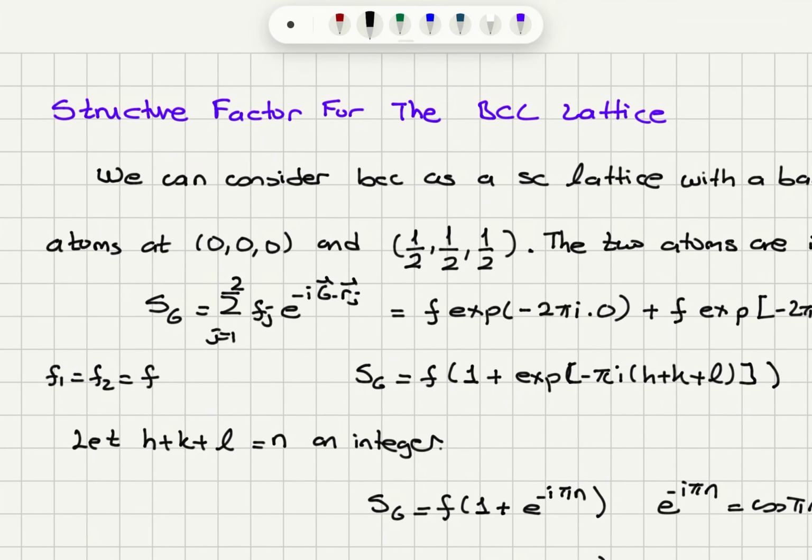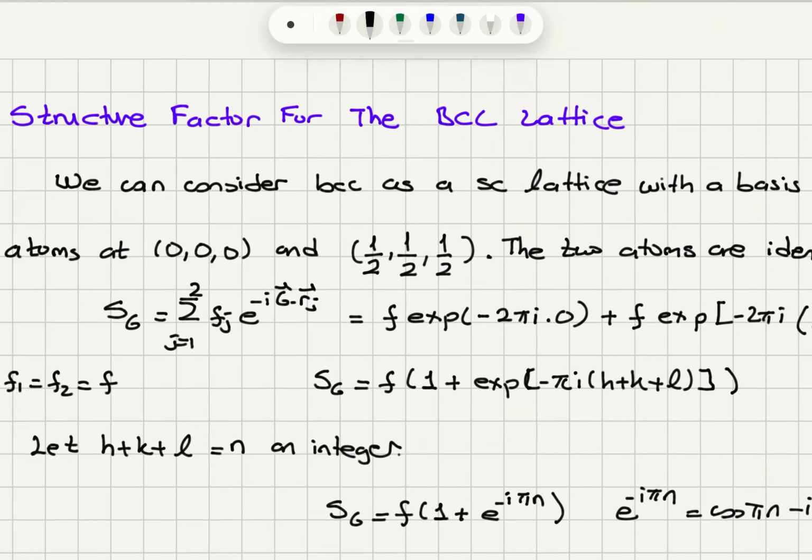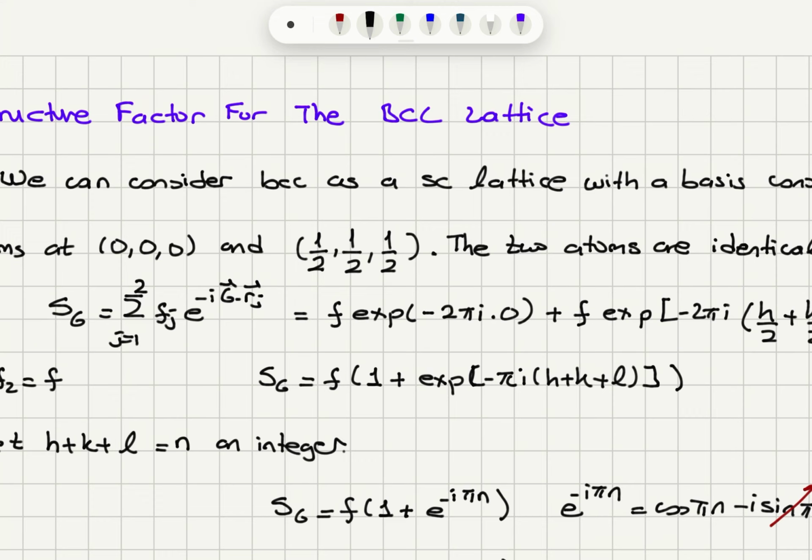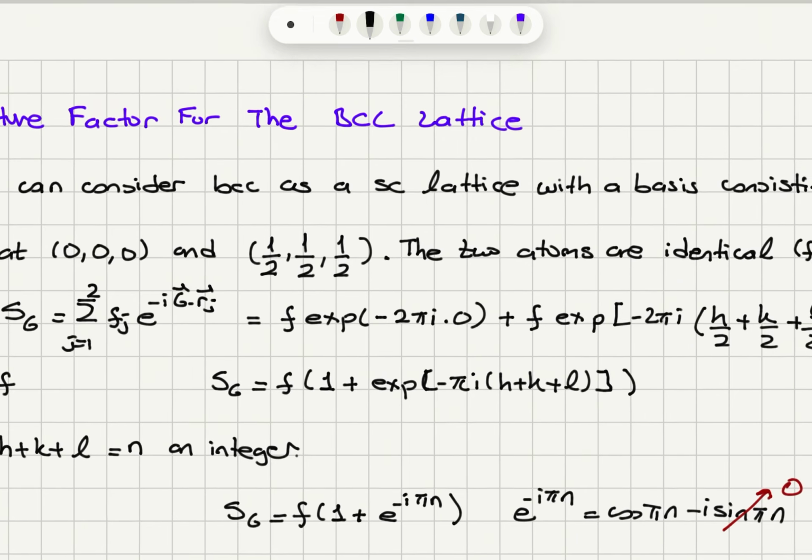So I write the geometrical structure factor: sum j equals 1 to 2, the two atoms in the basis, f_j e to the minus i G dot r_j. So these f values are the same, so there's only one f.